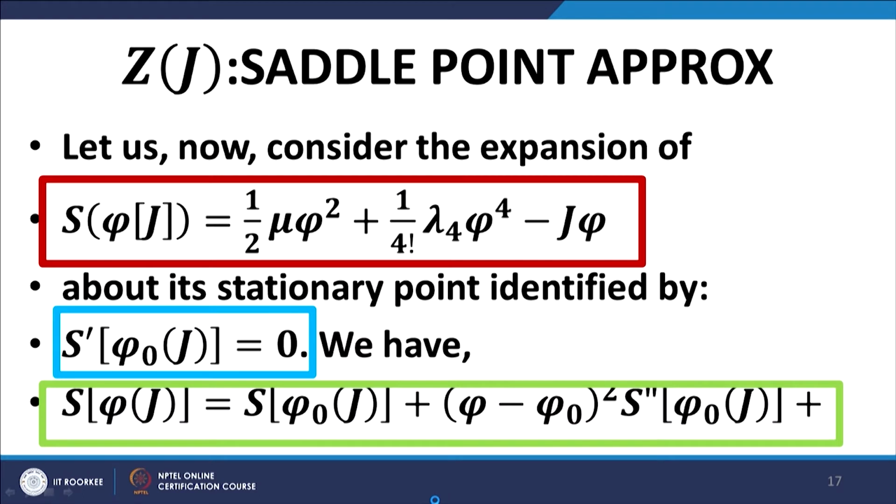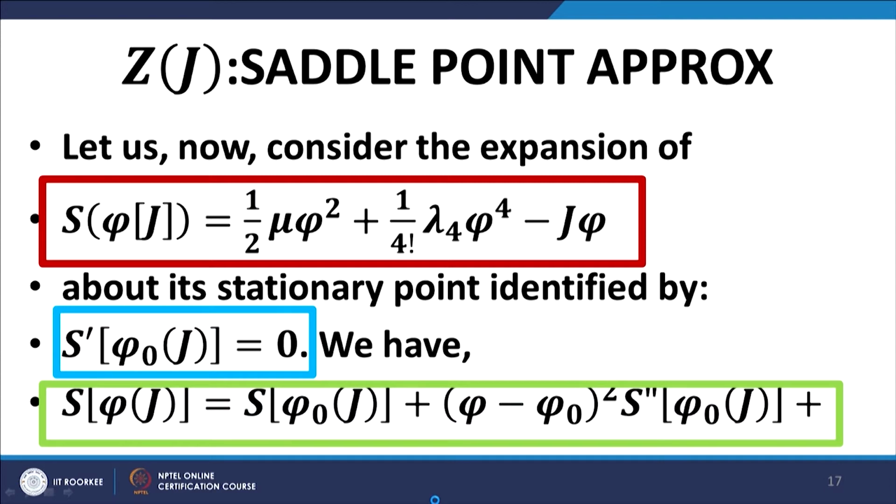Now, let us explore this a bit further. Let us do a saddle point approximation, or an expansion about the saddle point of the given action. Our action is given in the red box here. We obtain the stationary point by solving the equation in the blue box, equating the first derivative of the action to 0. The point that we get as the saddle point, let us call it phi 0.